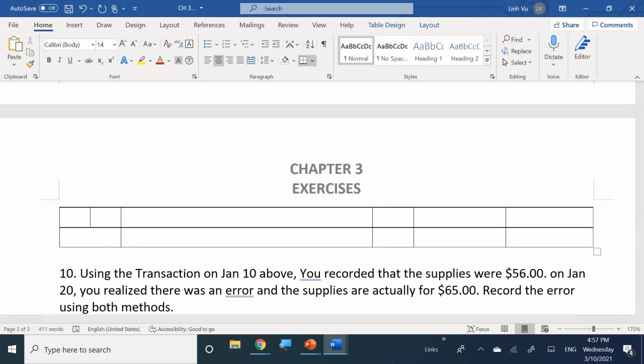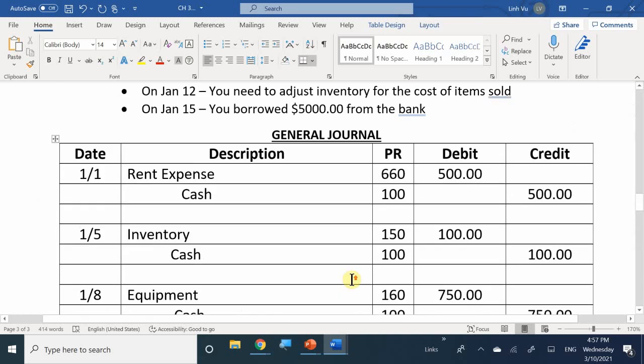All right, so here we are, January 15. We borrowed money, right? We borrowed $5,000 cash, and we borrowed it by taking out a loan. So in this case, once again, my account numbers. Let's look at what my loan is.